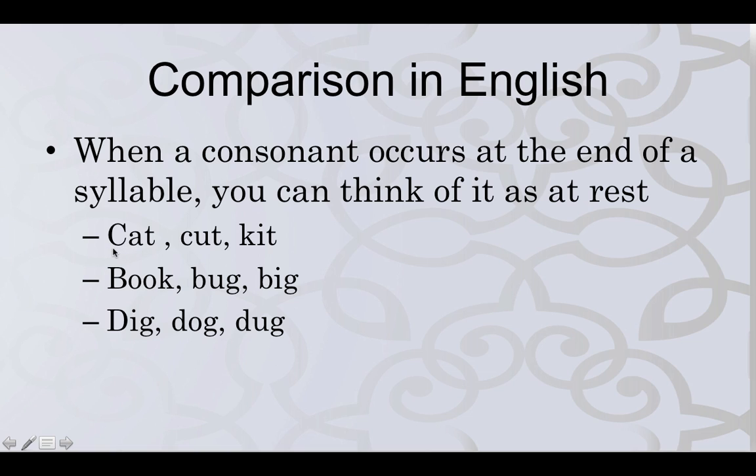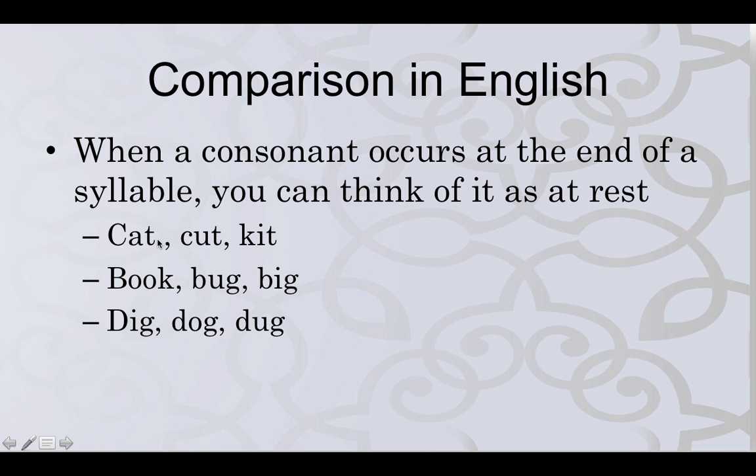This word is cat, C-A. The C moves with the vowel A, but the T at the very end is not being moved. If it was being moved, say there was an A at the end, it would be kata, C-A-T-A. You just add the A at the end.